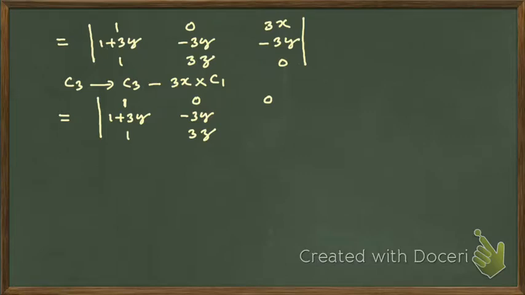It's a little bit confusing for me, so I'm going to do it outside. This element is 3y minus 3y minus 3x times 1 plus 3y. And then I open the bracket with minus 3y. So I get minus 3y. Minus into my plus is minus. 3x into 3y is 9xy. So this is what I have here.